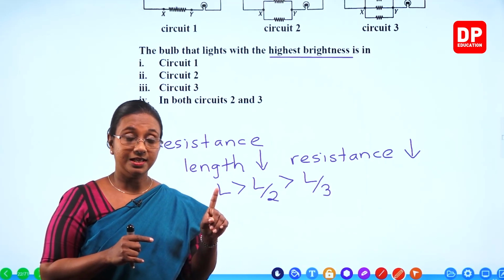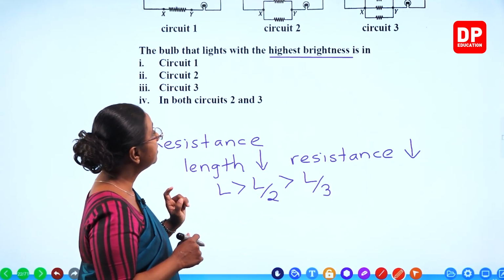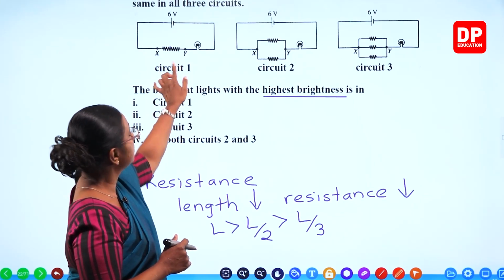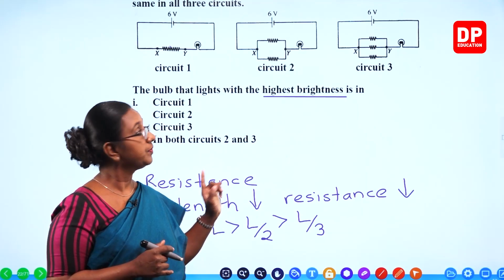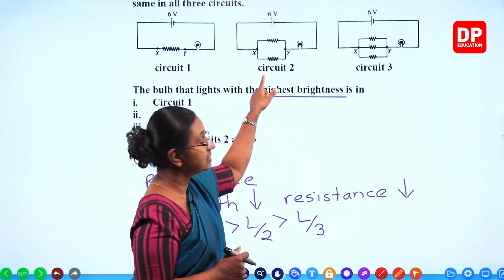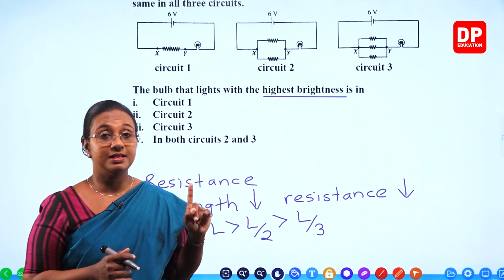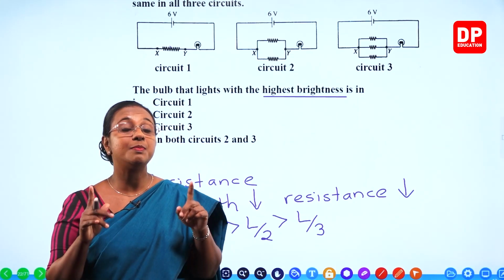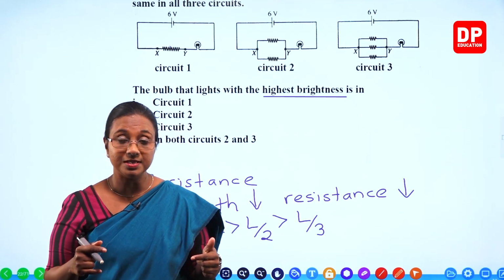That is one thing. Then the second point you have to consider is this. Now here see there is only one resistor. Here there are 2 resistors connected parallelly. Now you know when you connect the resistors parallelly, what happens?